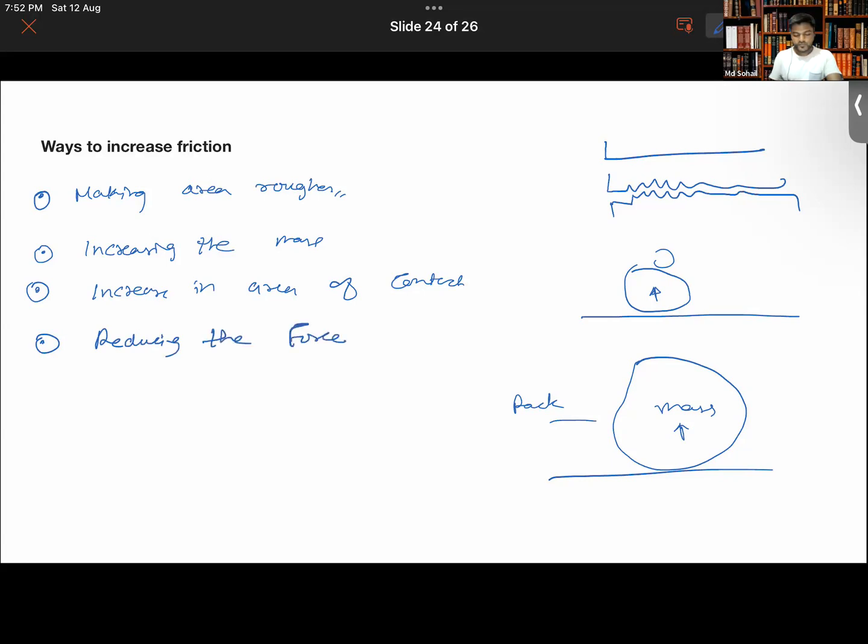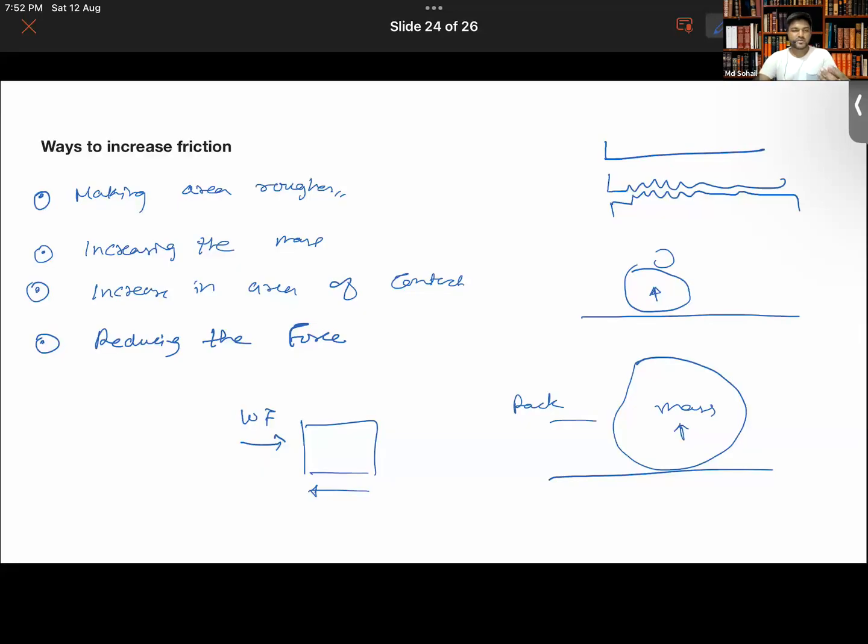Very good. So suppose there's an object lying over here, you are pushing it with 10 Newton force. This object will be resisted by a force. If you were to reduce the force with which you are pushing it, then the amount of friction will also be reduced, right?